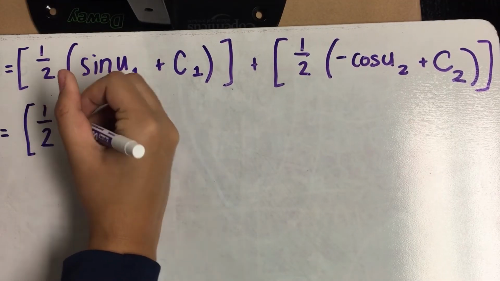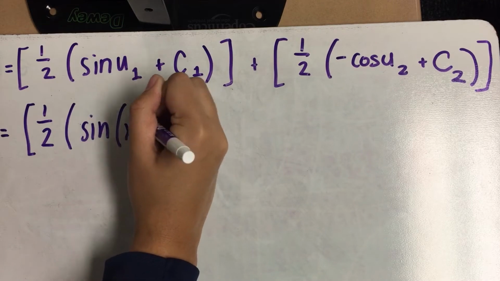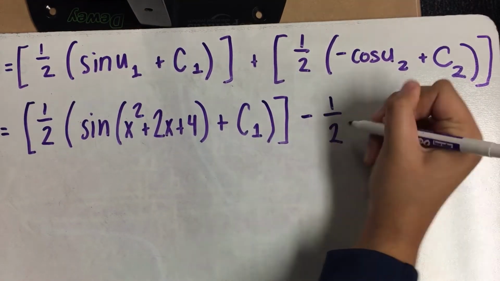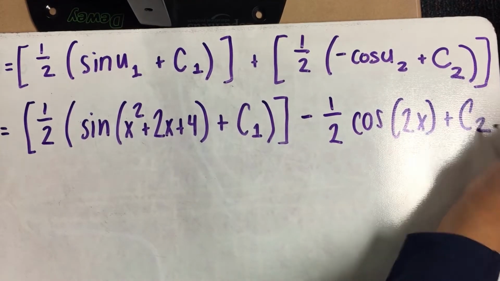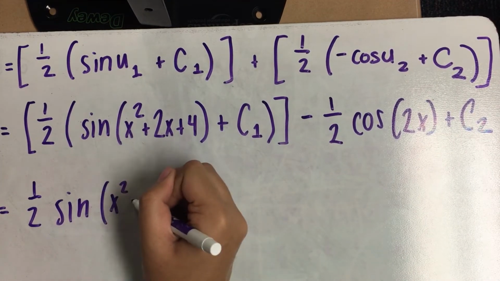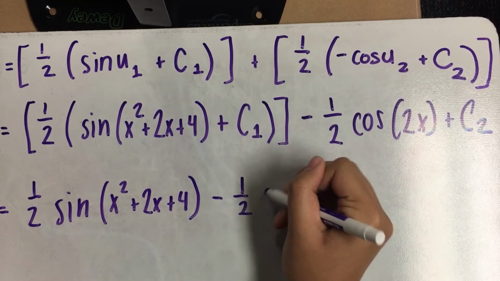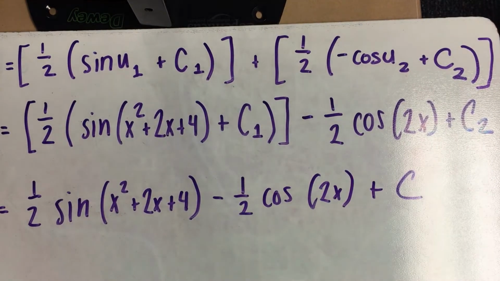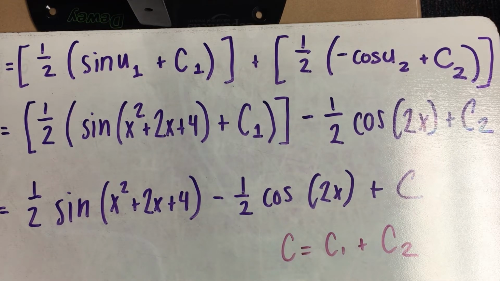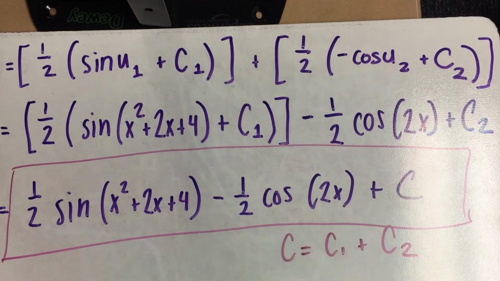Since we have integrated, we can substitute back our u's. Since c1 and c2 are both unknown constants, we can add them together as one unknown number c. And that is your answer.